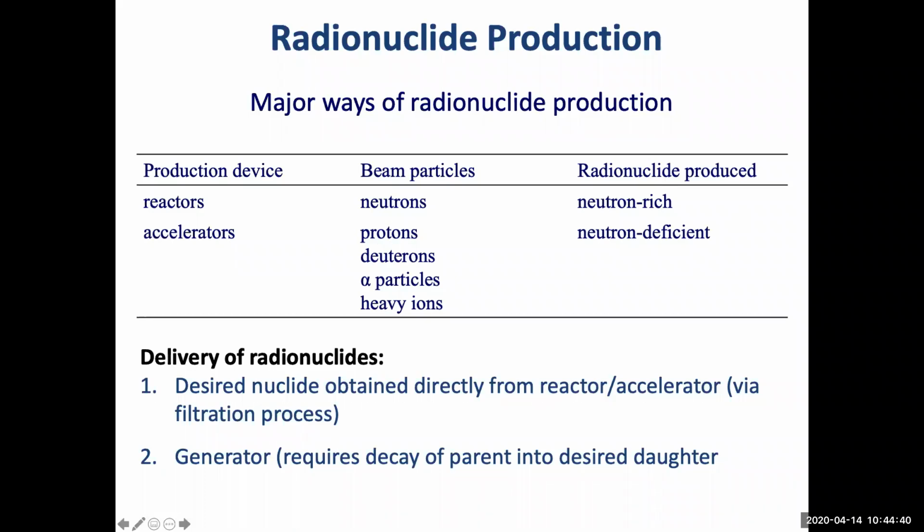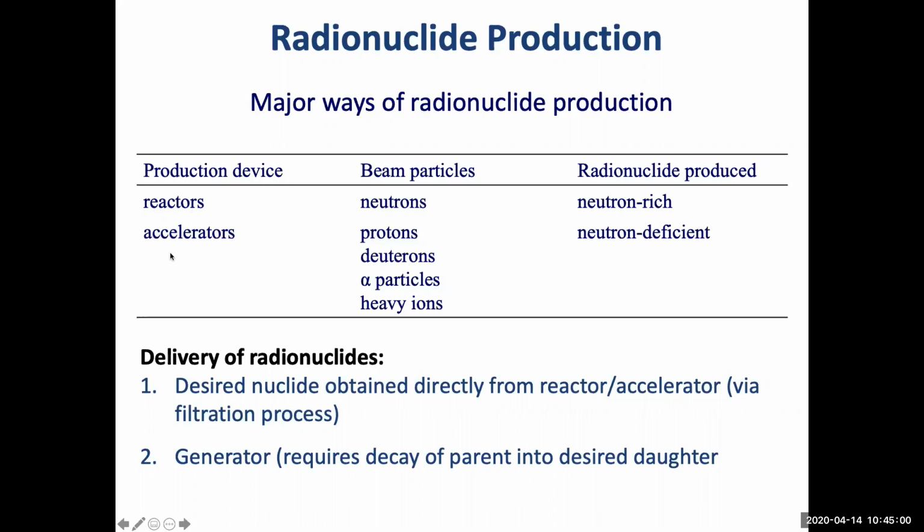Delivery of radionuclides from the cyclotron or reactor. The desired nuclide is obtained directly from the reactor or accelerator via a filtration process. For example, iodine-131 is produced in the reactor, and we can get this iodine-131 from the reactor to the hospital and use it there.